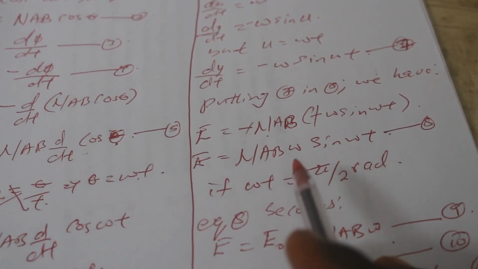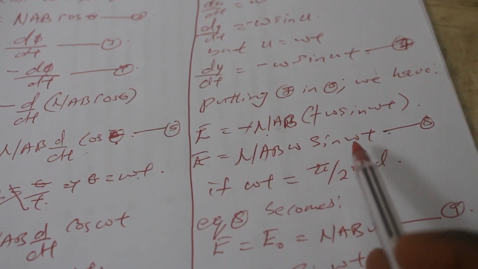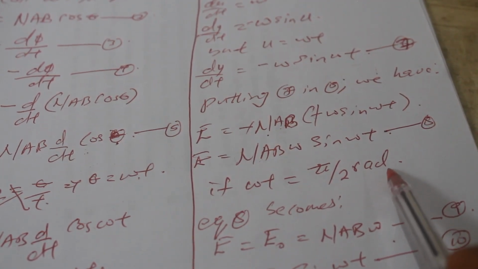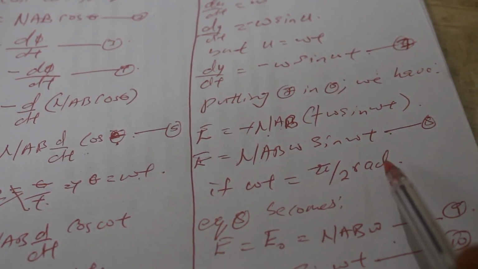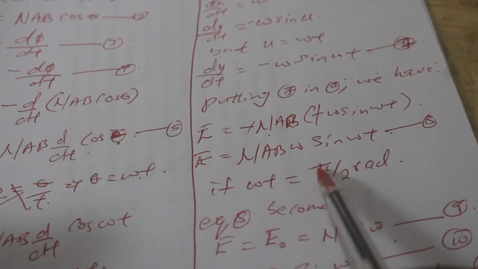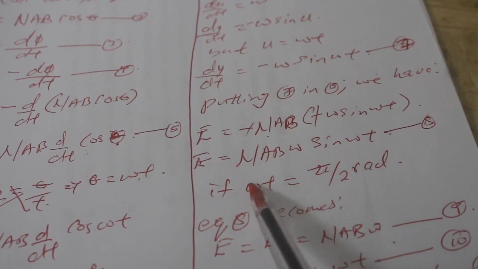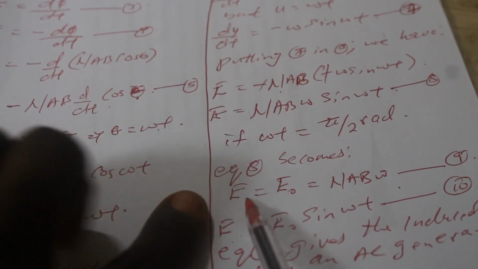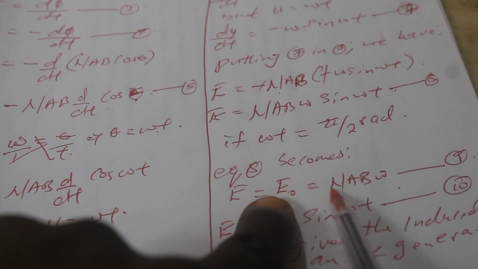Now, let's imagine that omega t becomes pi over 2 radian. Remember, the induced EMF is maximum when the phase angle is 90 degrees or pi over 2 radian. When that is the case, sine omega t becomes 1, and that's when the induced EMF will be maximum and equal to this one only.